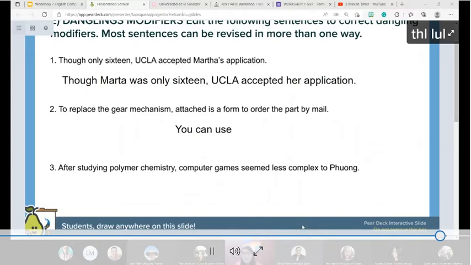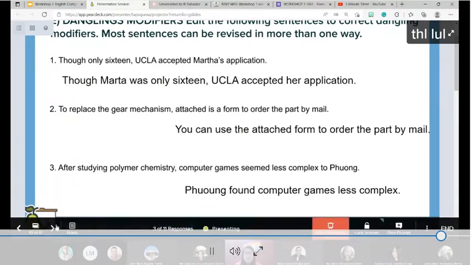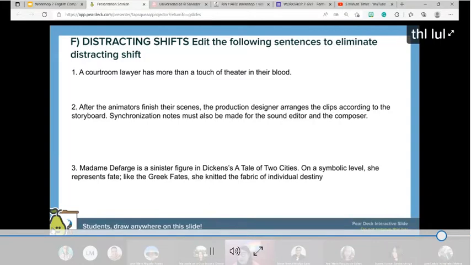Check the words that are supposed to modify its action. And then you will be ready to fix the sentence. Now we have distracting shifts. A courtroom lawyer has more than a touch of theater in their blood.